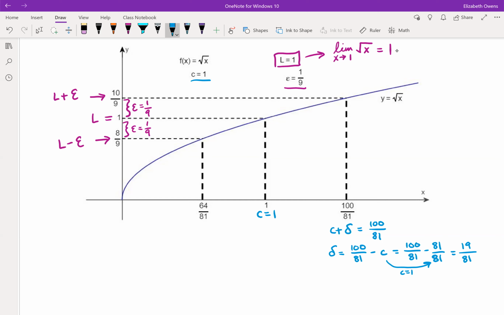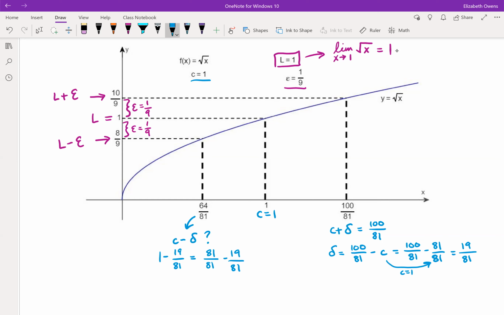Then if we go over here, c minus delta, maybe? Spoilers, this isn't going to quite work out the way we wanted. So c minus delta, if we use this delta over here of 19/81, 1 minus 19/81 would be 81/81 minus 19/81.